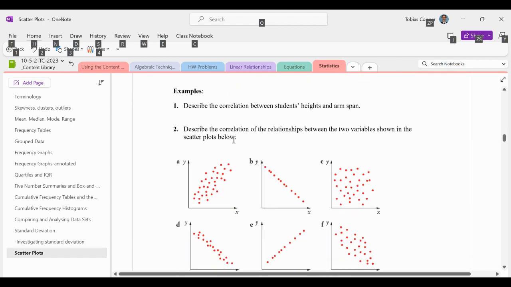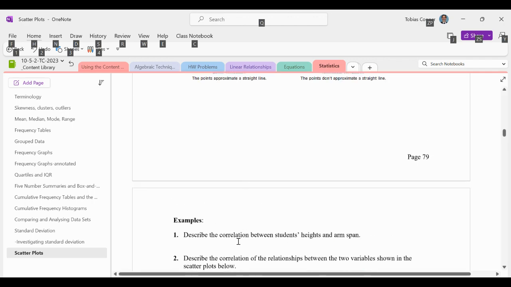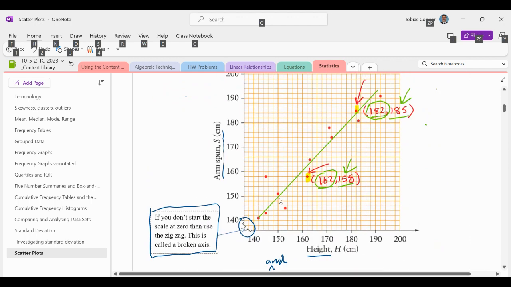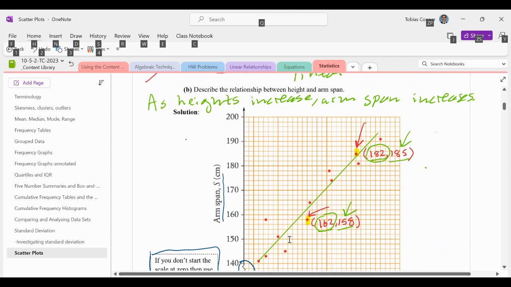Let's have a look at our first example. We have to describe the correlation between students' heights and arm spans for these. Well, actually, we already did that, didn't we? Actually, no, we haven't. If we go back here to the first one, the correlation between the heights and the arm spans, that's a pretty decent correlation. We can say that definitely the correlation is positive because the line of best fit is going up.